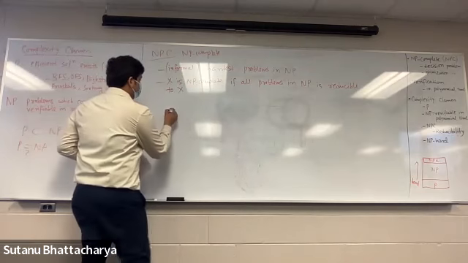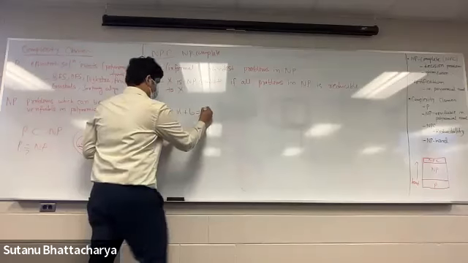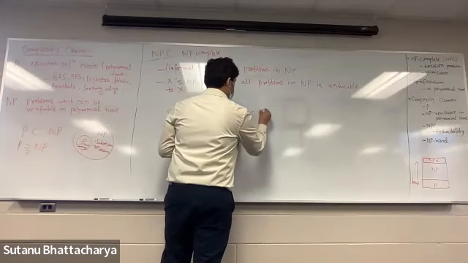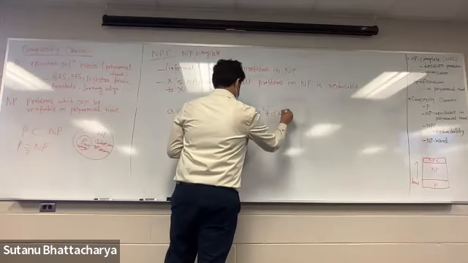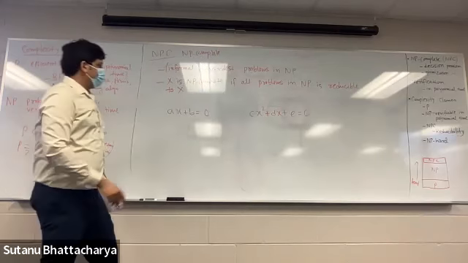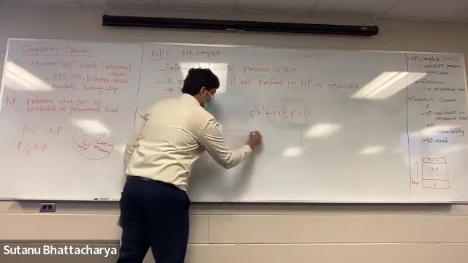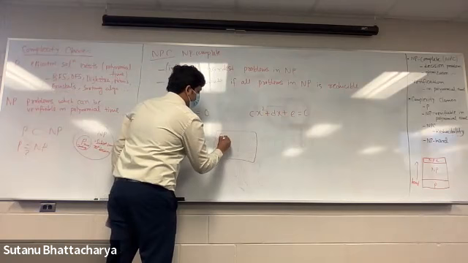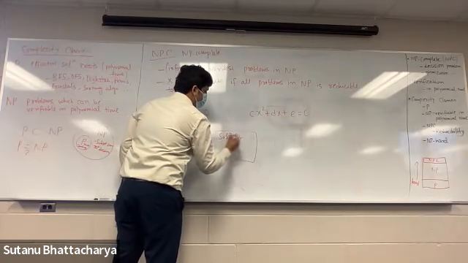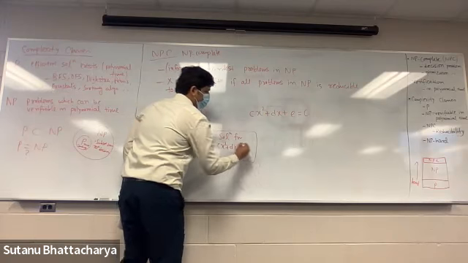Okay, we can take another example. This is linear equation, quadratic equation. Okay, let's assume this is the solution for cx square plus bx plus e equals to 0.